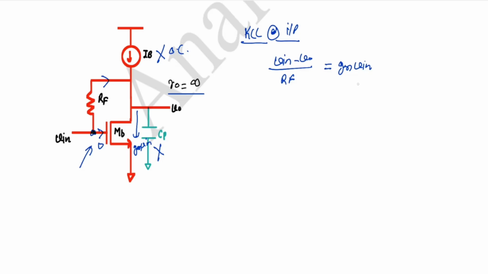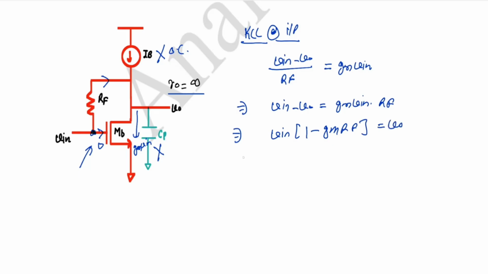If you want to include R naught, you can also include V naught by R naught here, but I'm ignoring it for now. After solving this, we will get V in minus V naught equal to GM V in into RF. So this will come as V in into 1 minus GM RF equal to V naught.